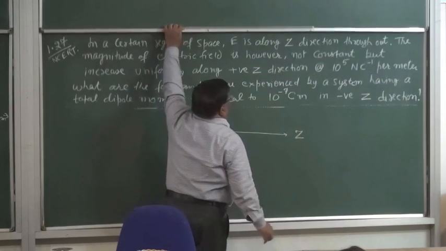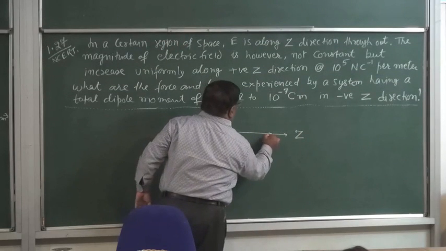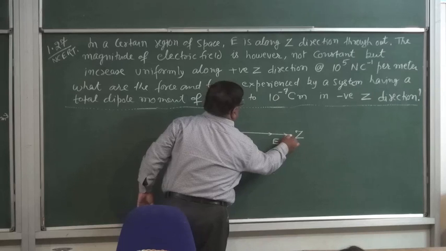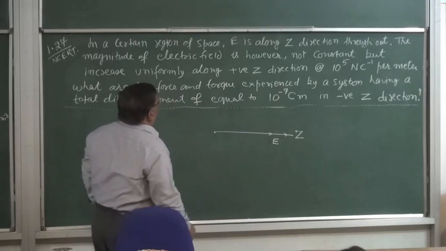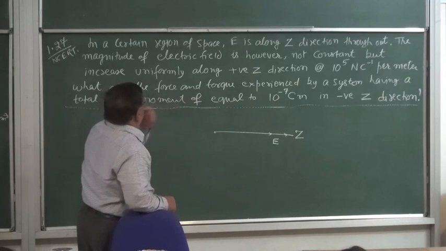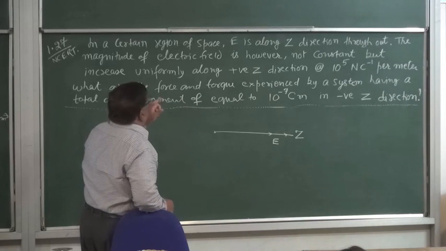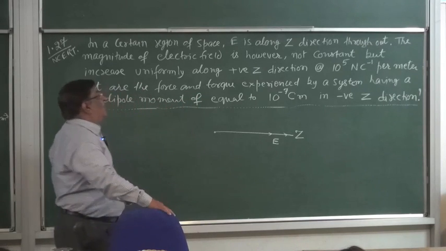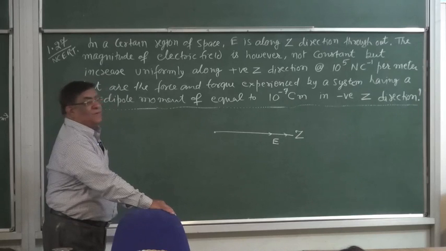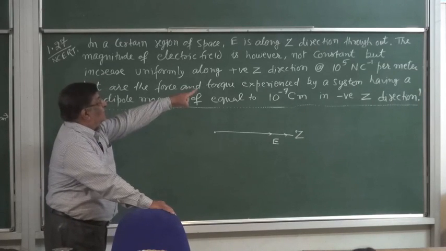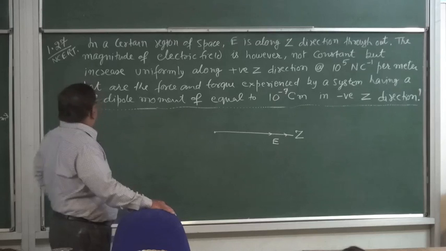Z. And electric field is in this direction. This increases, every 1 meter, this electric field increases with the amount 10 to the power 5 Newton per coulomb.